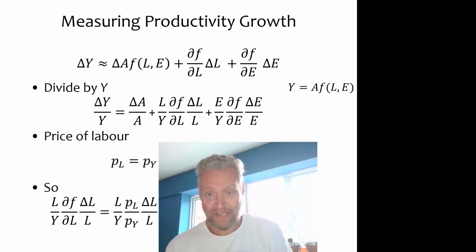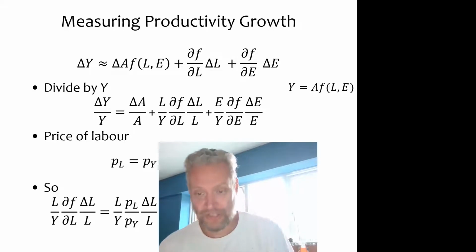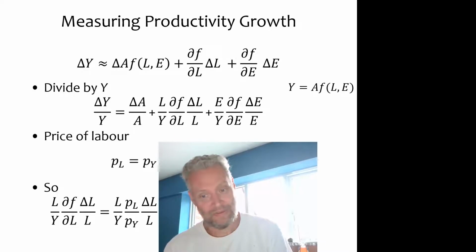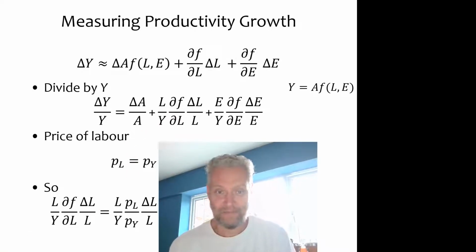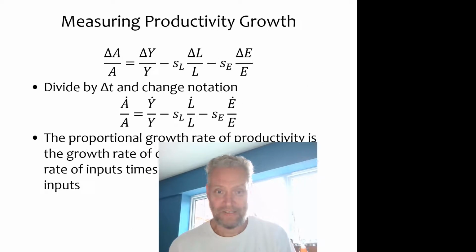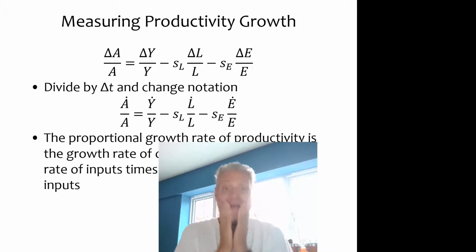So we have this expression here, and then we're going to call this thing here the cost share of labor in the economy, s sub L. That's this expression. This is equal to this thing here, so we're going to substitute it into this equation. And you're still wondering, where is he going?